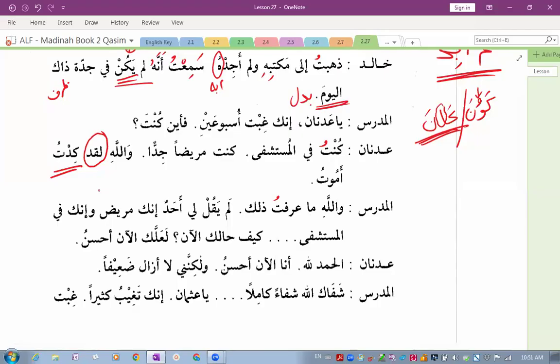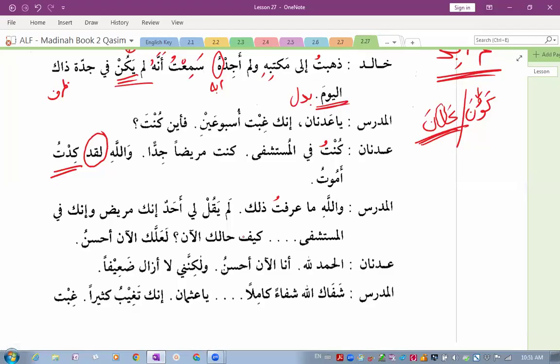Lam harfu jazm, yaqul fi'l mudari' majzum, li jar majrur. Ahadun is fa'il for yaqul.